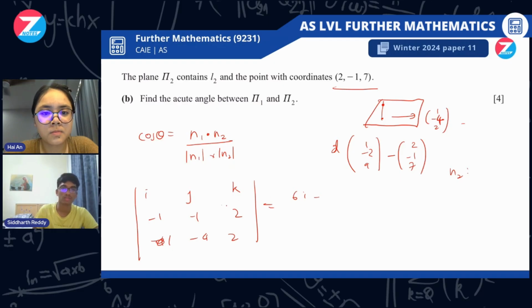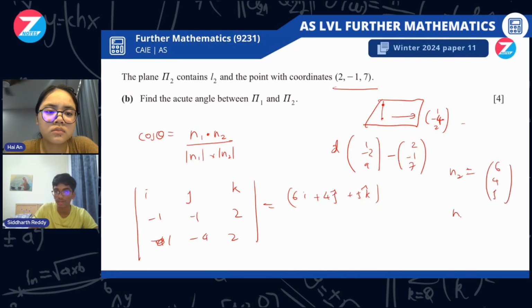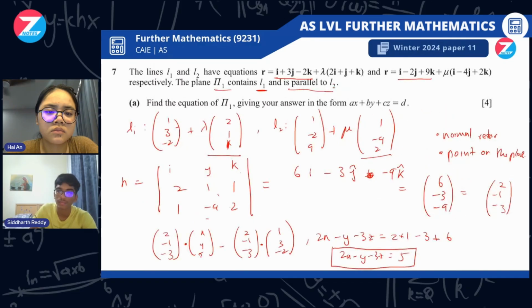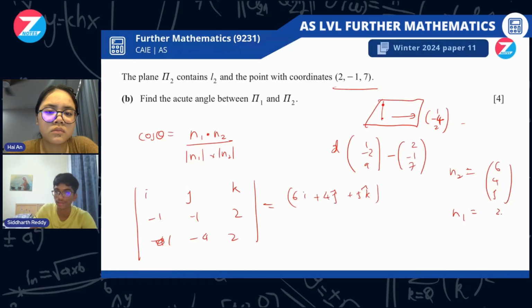Minus, -1 times 2 minus 2, that's -4, so minus of -4 becomes plus 4 j hat. And -1 times -4 is 4, minus -1 times 1, which gives 5 k hat. So this is n2. We have n2 equal to (6, 4, 5) and we had n1 equal to (2, -1, -3).